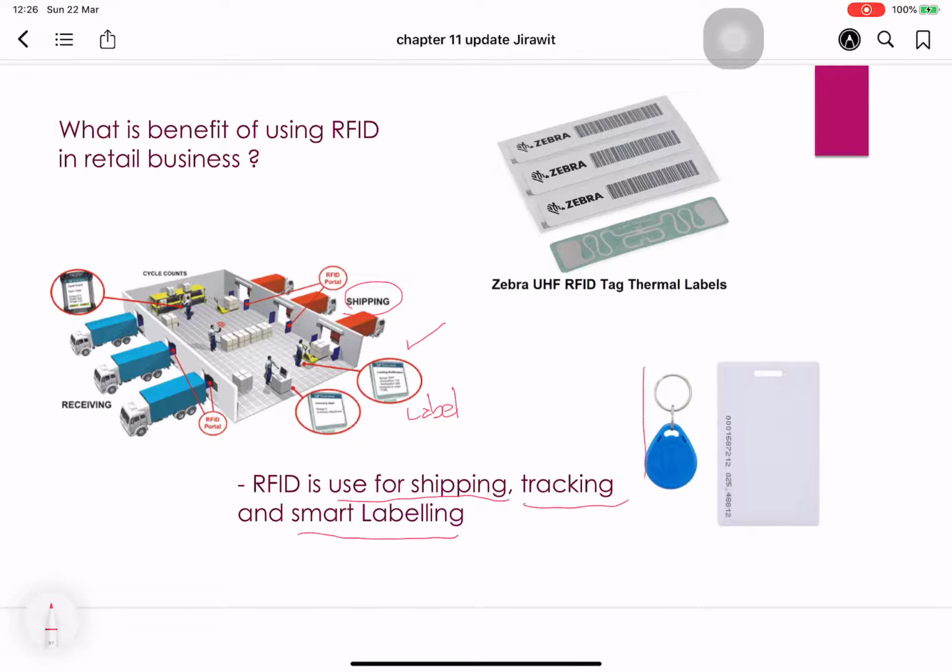This is an example of a product where you use RFID to log in or log off, or to turn it on or off.